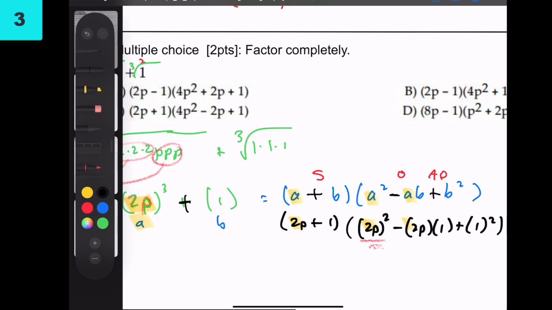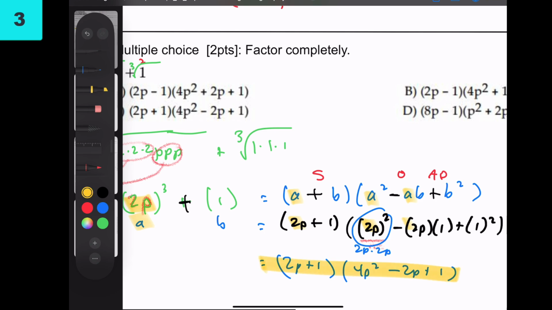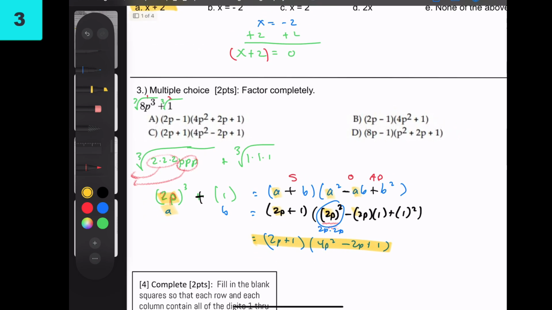So that one's going to become 2p plus 1, 4p squared, right? Because that means 2p times 2p minus 2p plus 1. This is my answer, and so that one matches up with C.